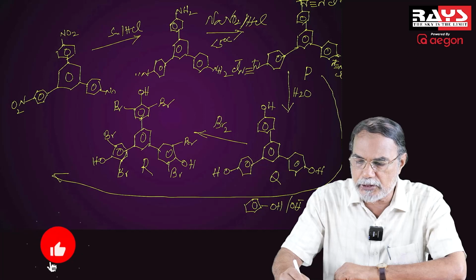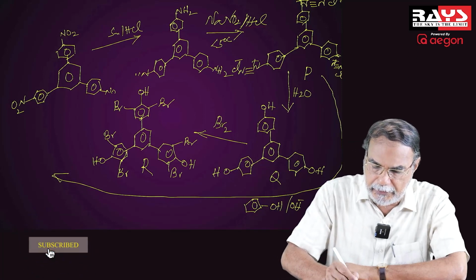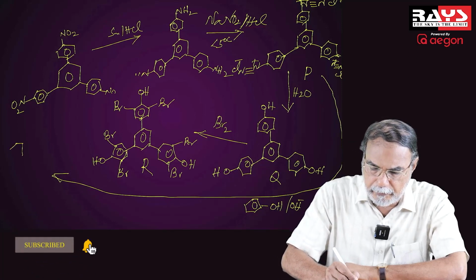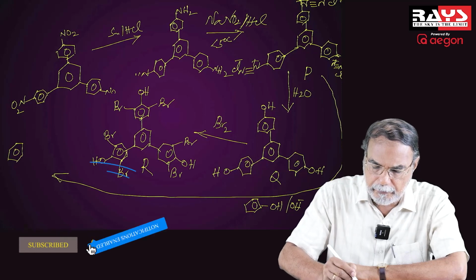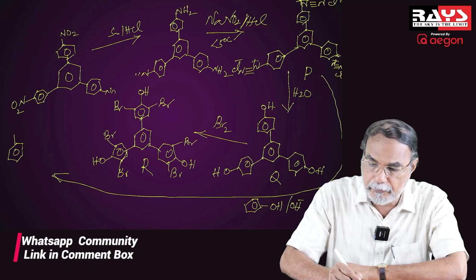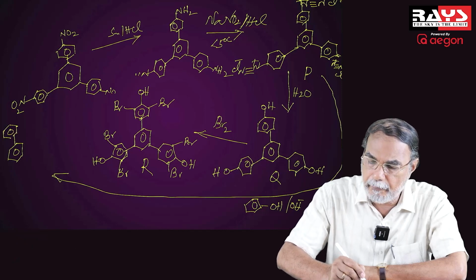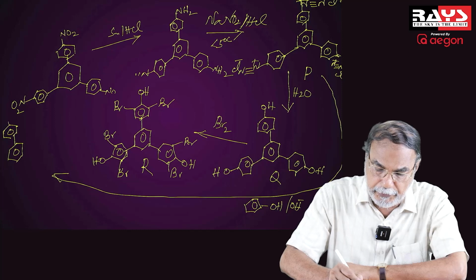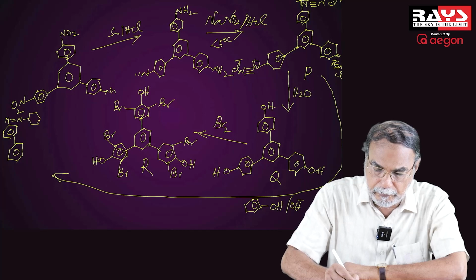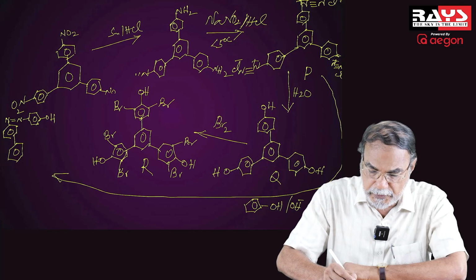So what is the azo dye that you get? The azo dye obtained will be this one. Here you have an N double bond N group, and it is there that the phenol couples.